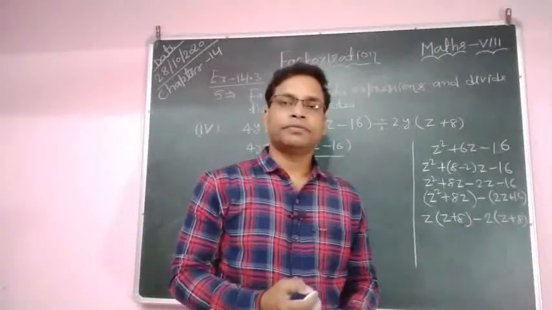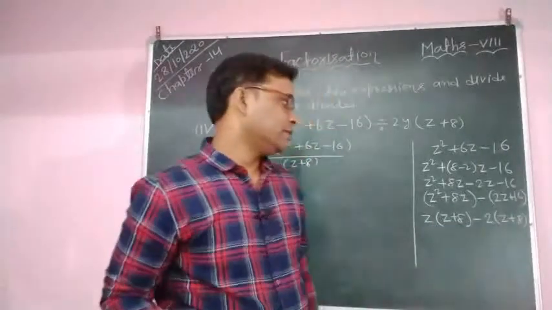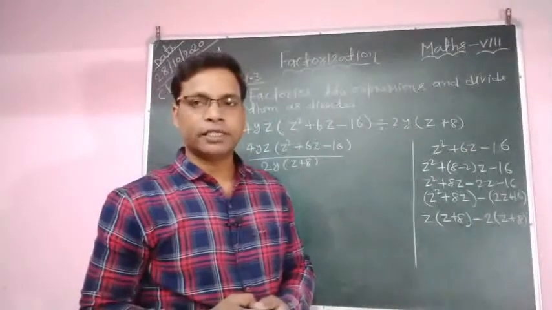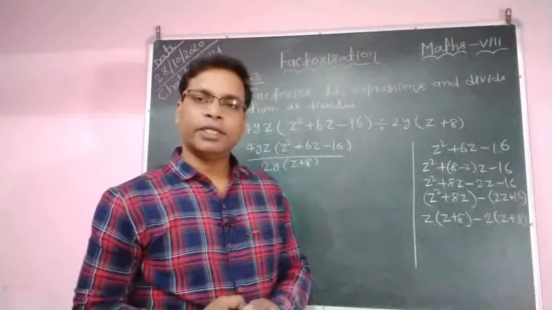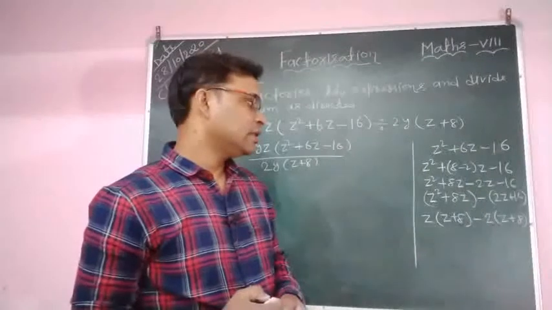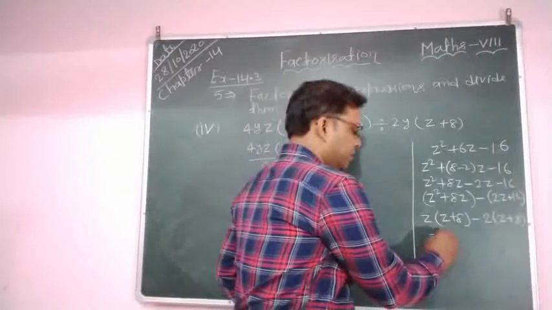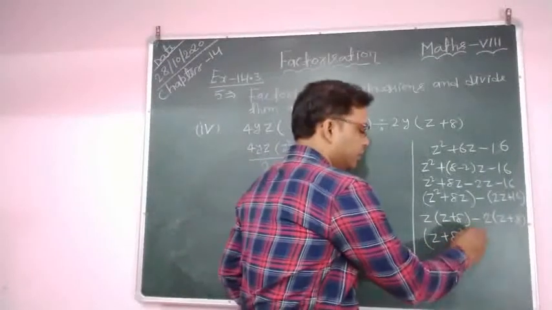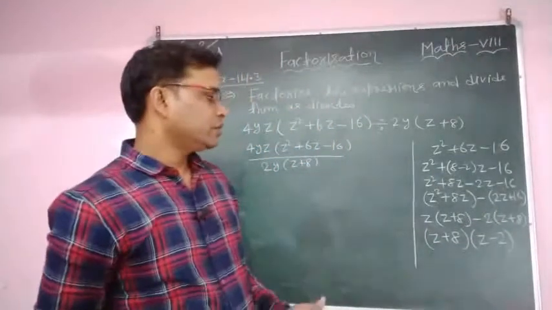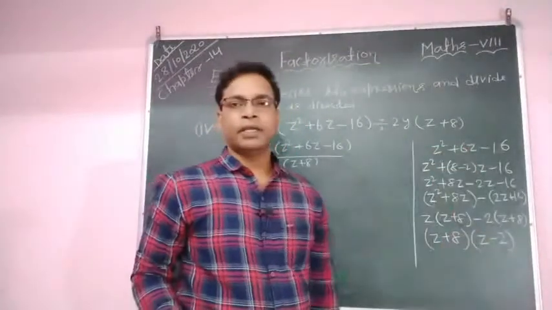If you take z plus 8 common in both terms, then you obtain z as a remainder in the first term and minus 2 as a remainder in the second term. So z plus 8 if you take common, then you have here z minus 2.